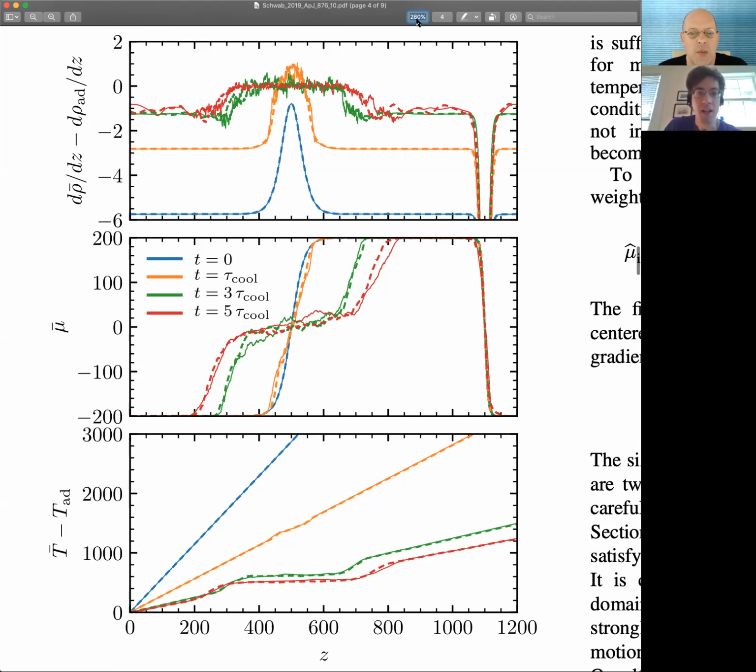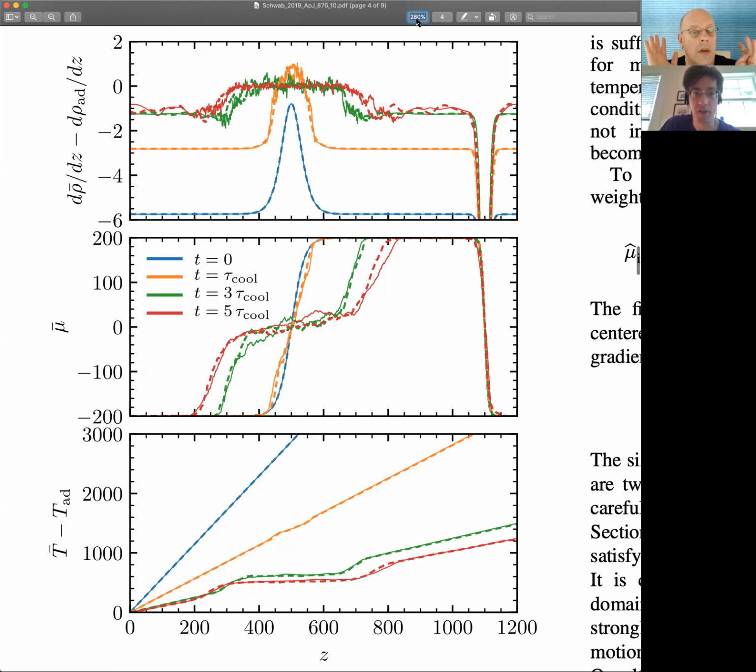Okay. Seems prudent. Yep. And then the very top panel here is essentially something about what the density gradient is relative to the stable adiabatic gradient. And this is similar in concept to the density ratio we looked at earlier. Right.